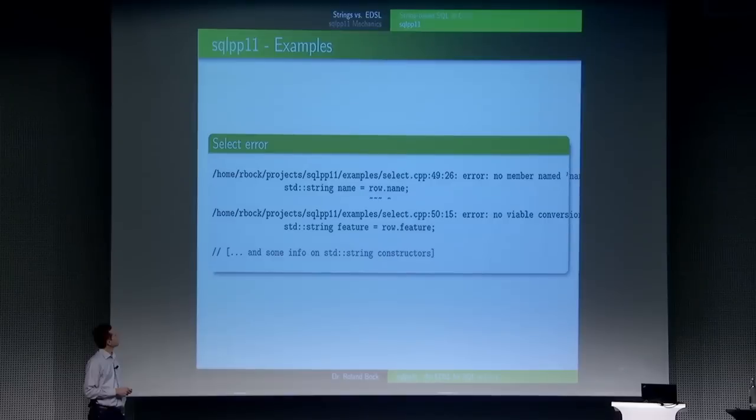There's no viable conversion from this feature here, which happens to be an integer, to string. This is the complete message that you get from the library, and then the compiler drones on for a few lines. You could construct strings with all kinds of data, so you will get, I don't know, 10 lines in addition. But it's very, very short, so it takes care of these kinds of errors.